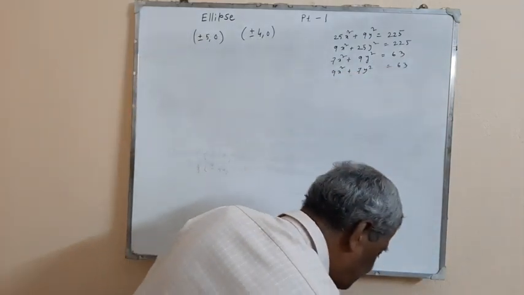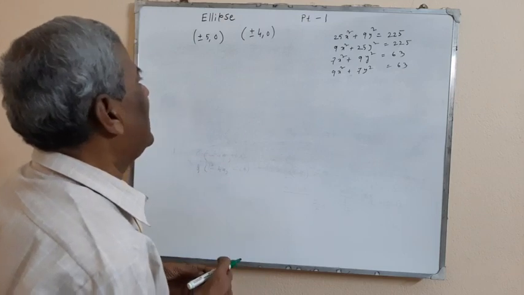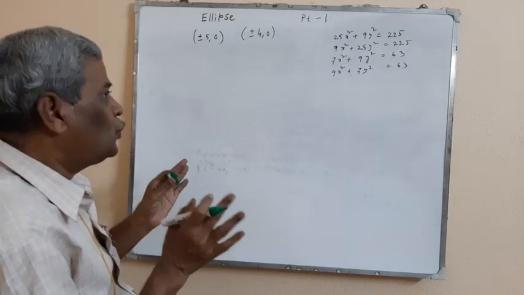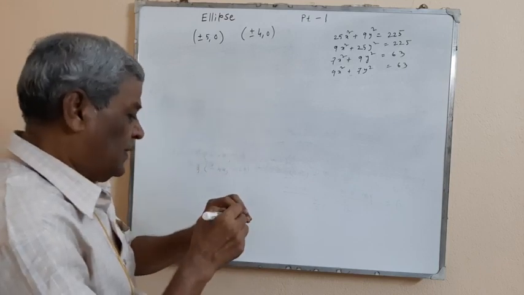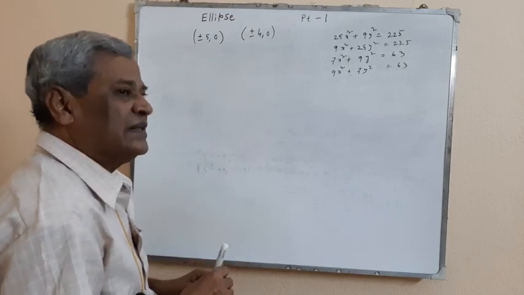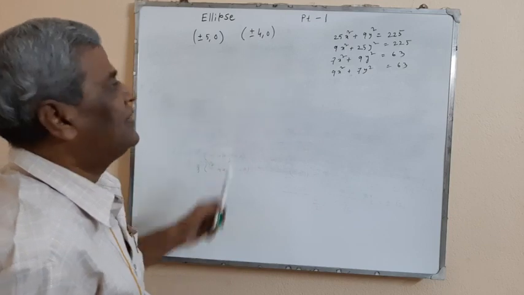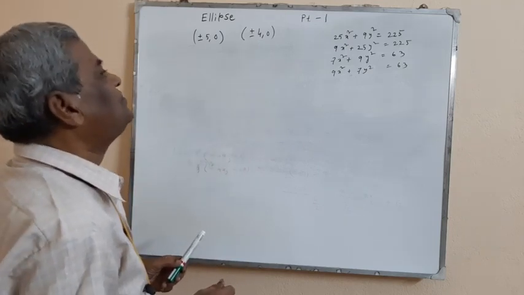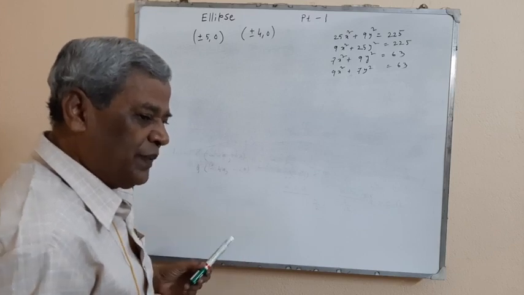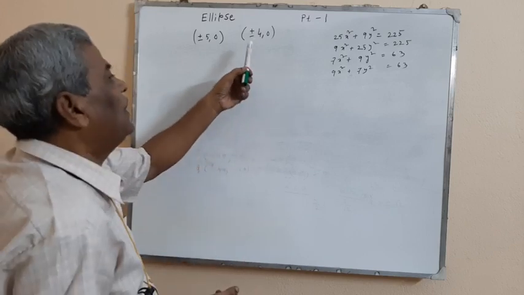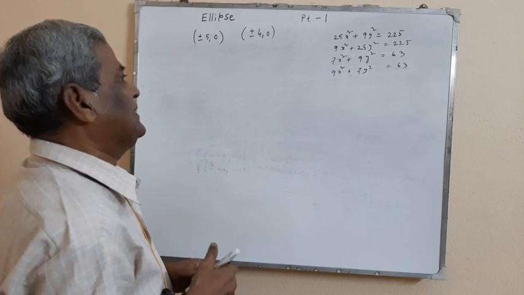Now, in that problem, two vertices are given and their foci are given. Now, we know that for a standard equation of an ellipse, its foci lie on the major axis.